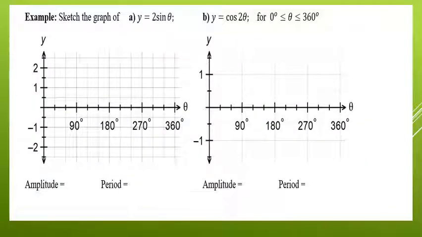Here we have two examples that we need to do, so I'm just going to split these into two. So let's concentrate on the first one. Y equals 2 sine theta, which means 2 times sine theta. Now, we already know how to plot the graph of sine theta, and now we need to multiply it by 2.